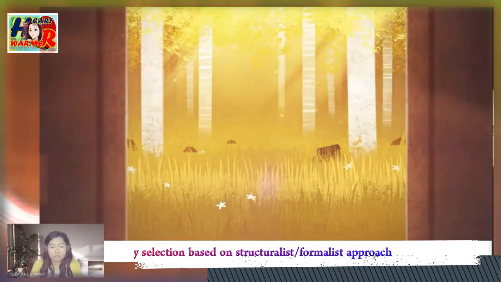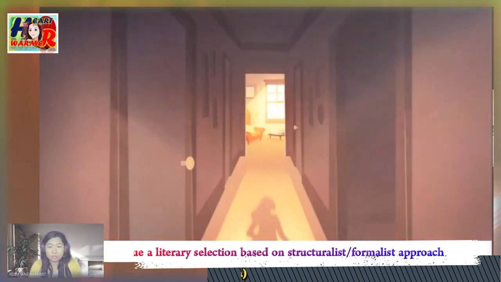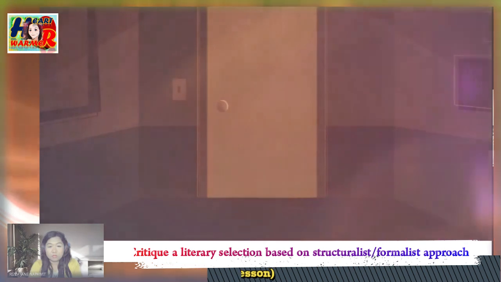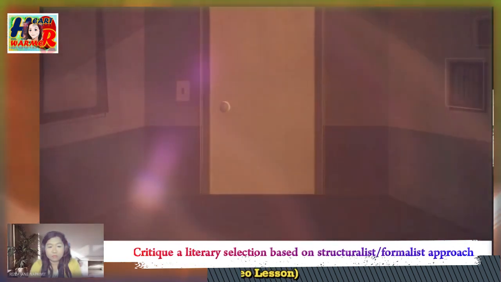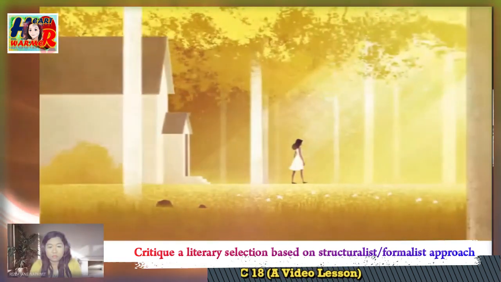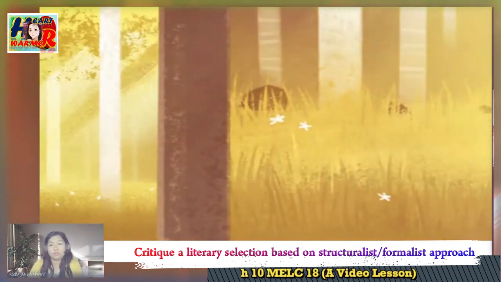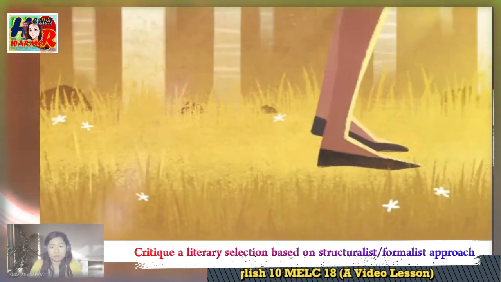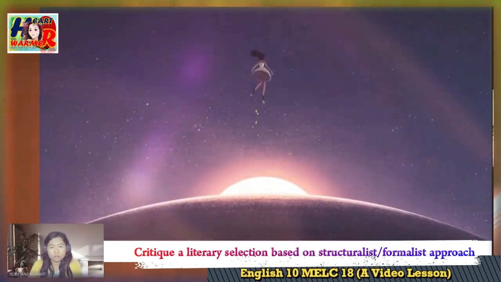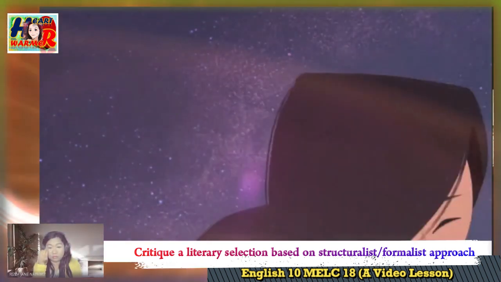Two roads diverged in a yellow wood, and sorry I could not travel both and be one traveler, long I stood and looked down one as far as I could to where it bent in the undergrowth. Then took the other, as just as fair, and having perhaps the better claim, because it was grassy and wanted wear.